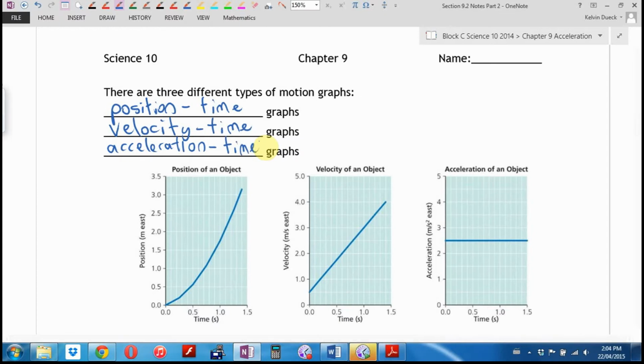Mr. Dueck? Yeah, Max. What's the slope of an acceleration time graph? A jerk. Really? Yeah. Mr. Dueck? Yes, Max. What's the slope of a jerk versus time graph? A snap. Mr. Dueck?